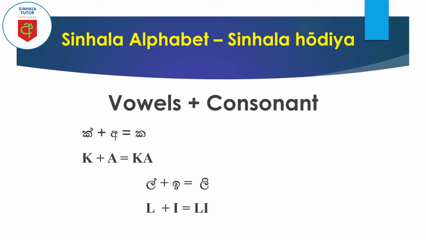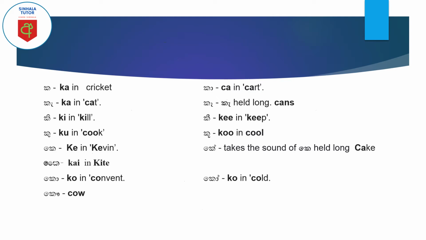Now let's see how we can produce all these letters and what the sounds are with the use of one consonant. That is with the use of the k consonant. Let's see how we can learn those things and what the variations of the letter k are.